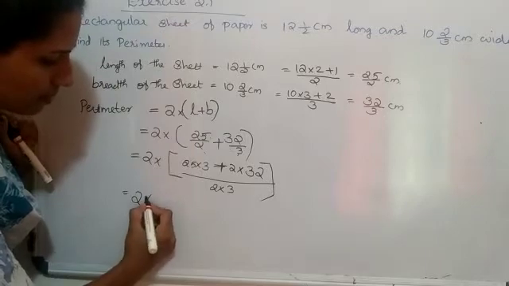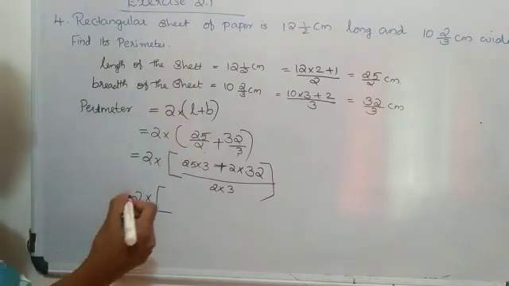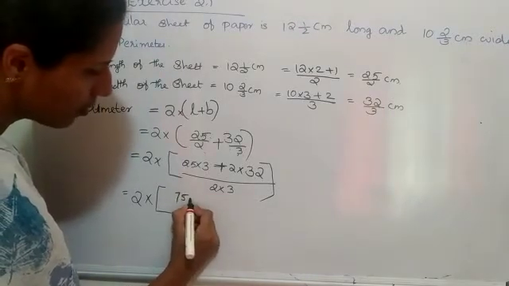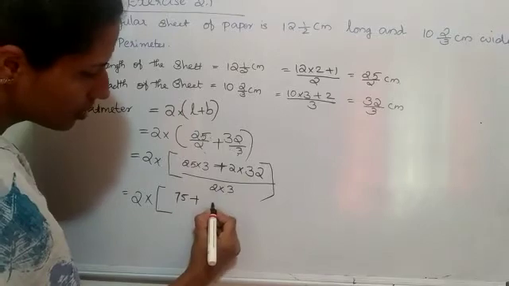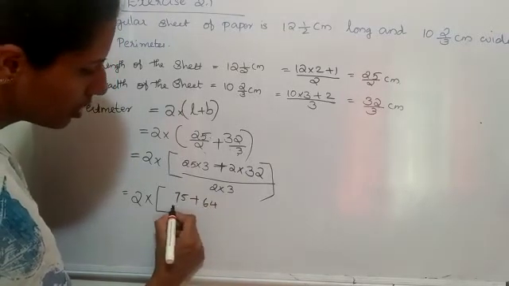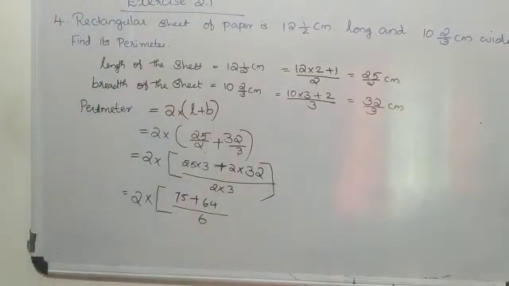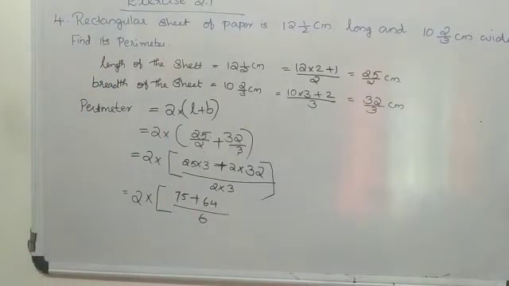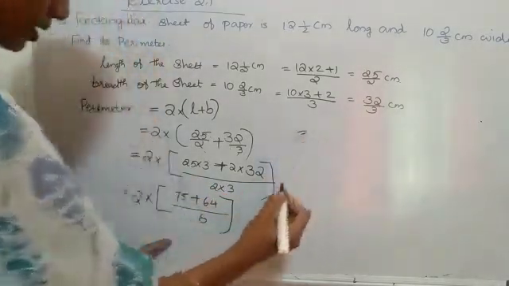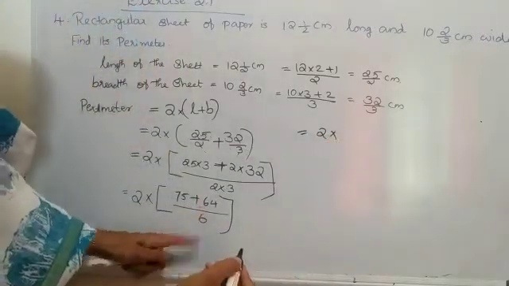Keep it the same. Into 25 into 3. What is 25 into 3? 5 3s are 15, carry 1, 75, plus 2 2s are 4, 3 2s are 6, divided by 6. Right. Okay. Is equal to, I am going to write here, 2 into (75 plus 64).